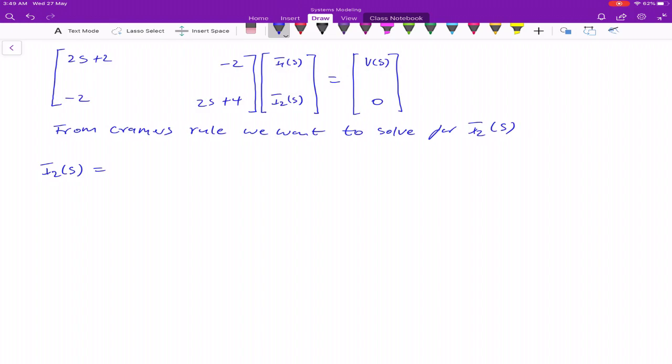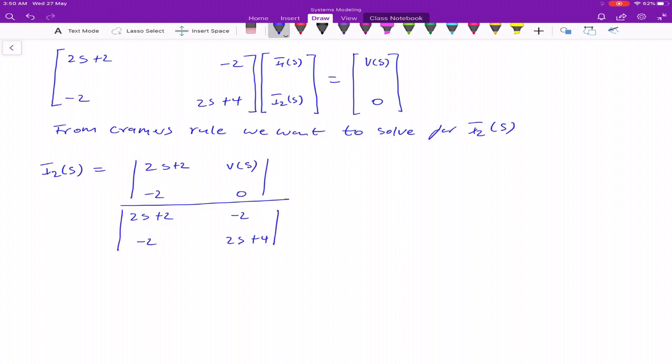The determinant, we're gonna have 2s, and we'll replace the minus 2 with vs. Then we have our minus 2, replace the 2s plus 4 with 0 over the determinant of 2s plus 2, okay? And we have minus 2 here, minus 2, 2s plus 4. Then we take the determinant of that.